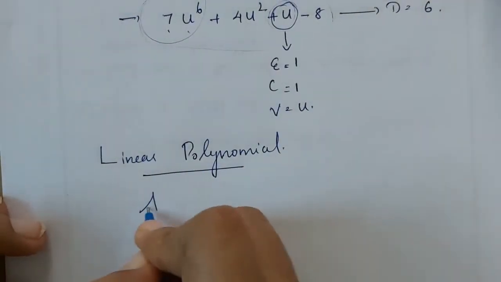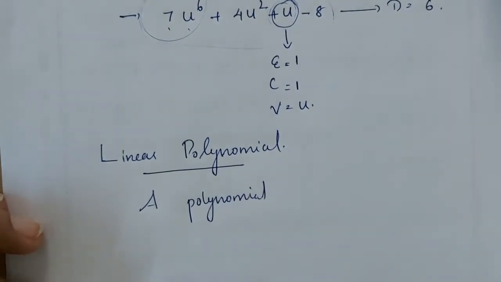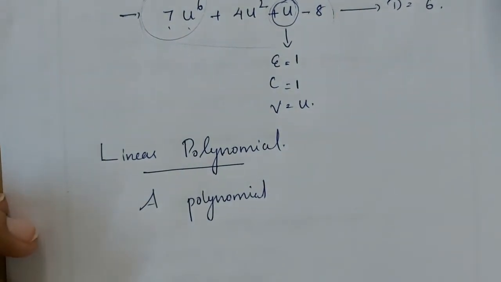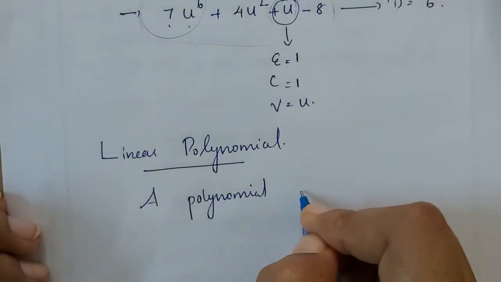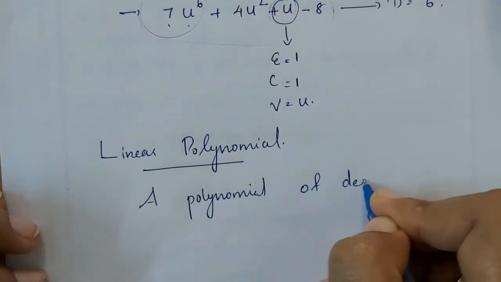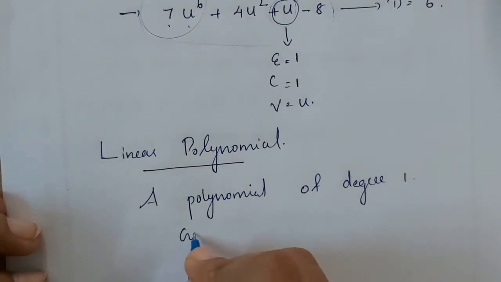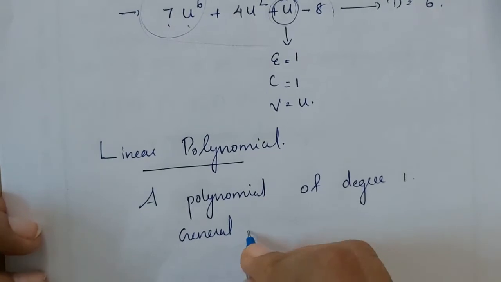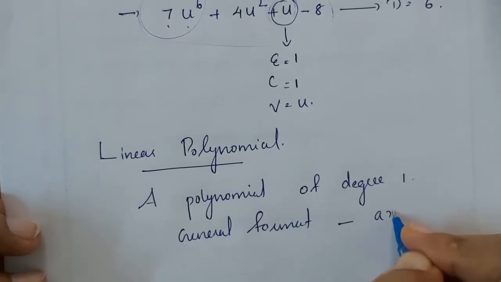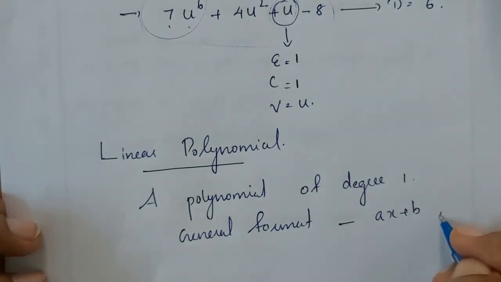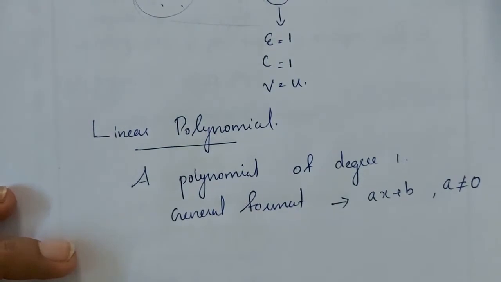A polynomial of degree 1 is called a linear polynomial. We can write the general format as ax plus b, where a is not equal to 0. This is the general format of a linear polynomial.